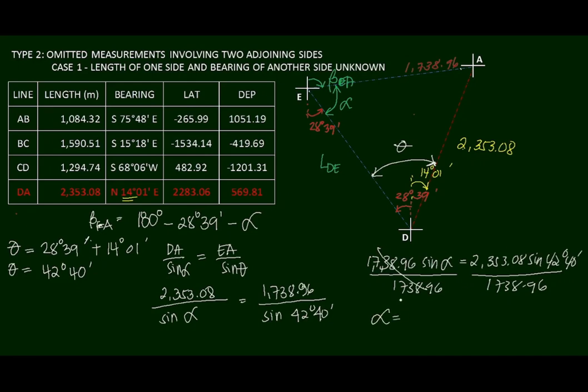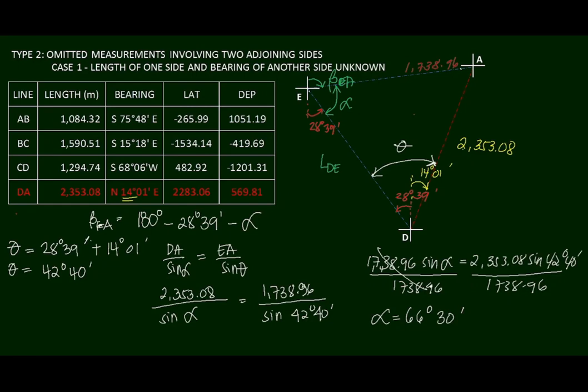Makukuha ninyo si alpha, which is equal to, again, kindly verify my answer. So, 2,353.08 times sine of 42 degrees, 40 minutes, divided by 1,738.96. So, my answer here is 66 degrees and 30 minutes.